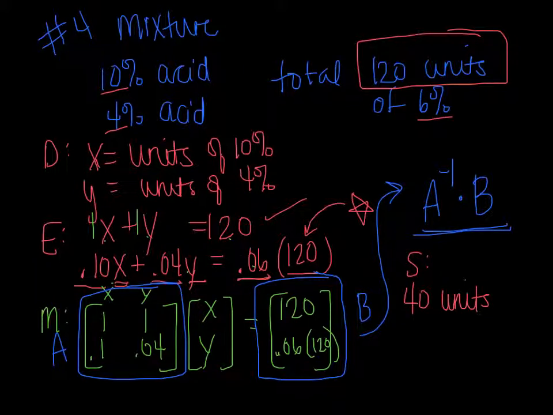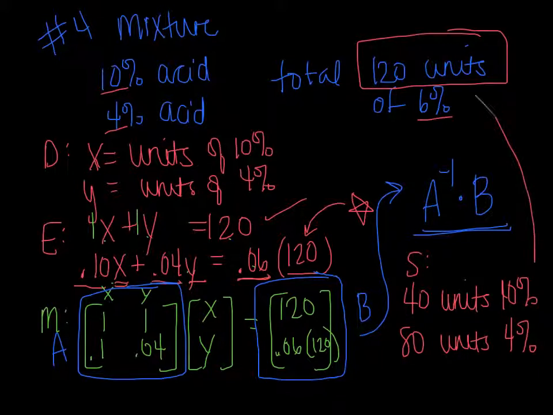So that's going to be 40 units of the 10% solution. And then I have 80 units of the 4% solution. And if I mix exactly 40 units of 10%, 80 units of 4%, I should end up with what I'm looking for, which is 120 units of the 6% solution.